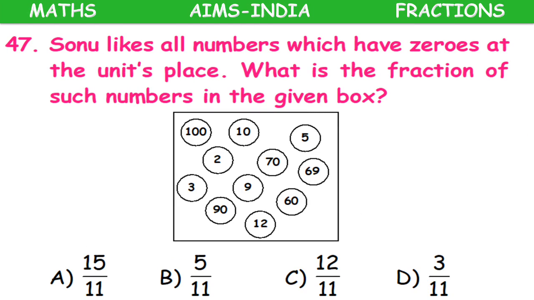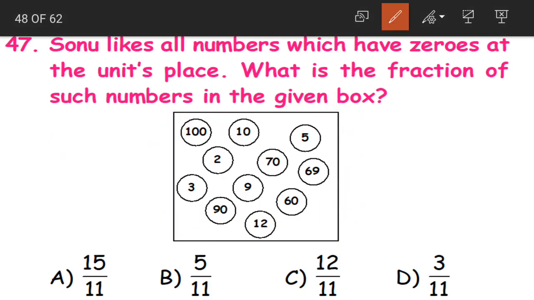Next, question 47. Sonu likes all the numbers which have zeros at the units place. What is the given fraction of such numbers in the given box? Now from the given numbers, what does Sonu like? He likes only those numbers which have 0 at units place. 1, 2, 3, 4, 5.